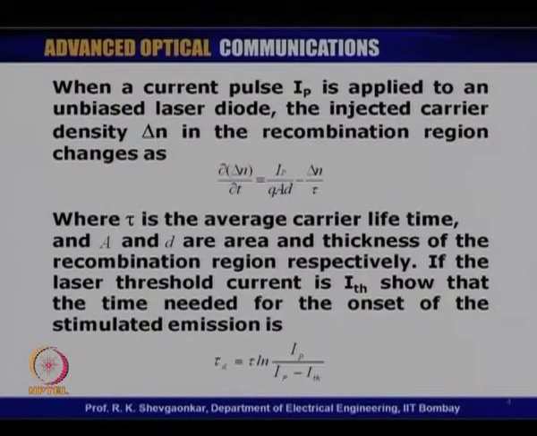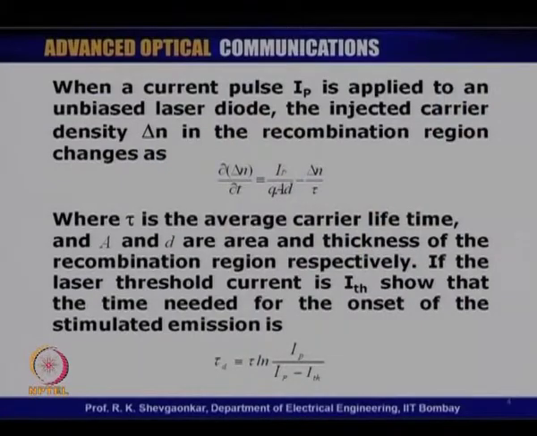This is the excess carriers injected inside the junction, minus the recombination of the carriers which have a lifetime of tau, so minus delta n divided by tau. That is the equation which governs the carrier density inside the active region.